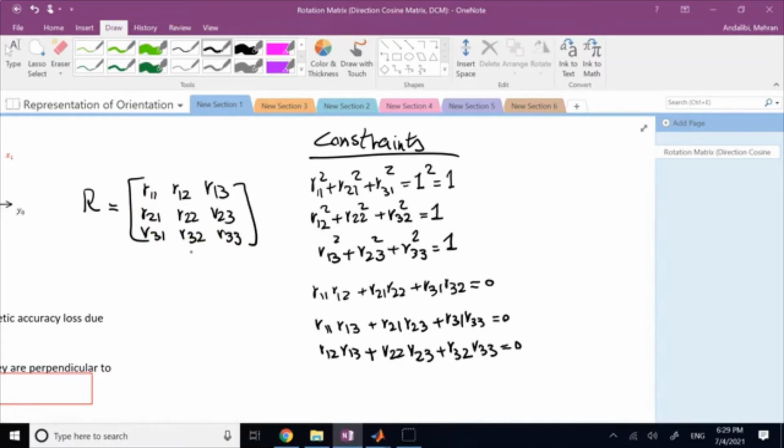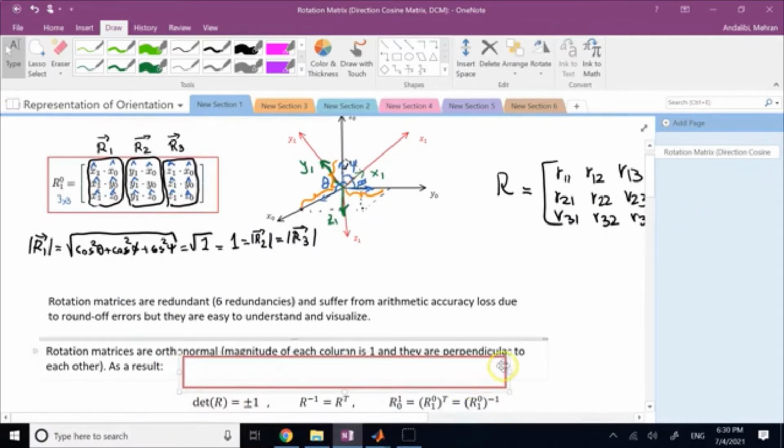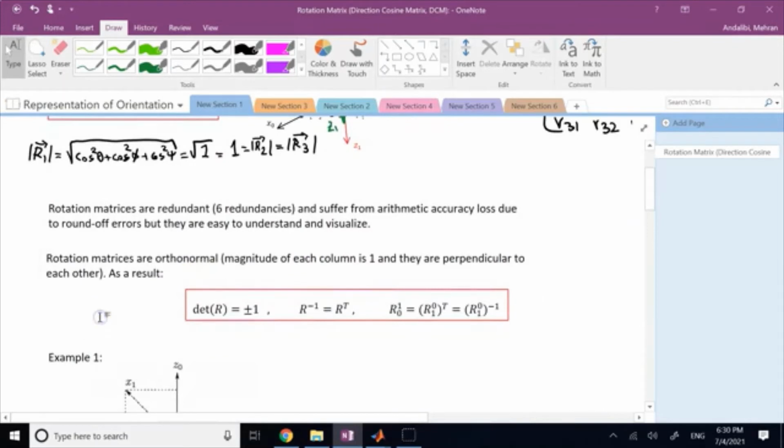Okay, so that's the meaning of constraint and redundancy. The other important thing is, the good and bad thing about it is the calculations. Now, before that, let's talk about the orthonormal matrices, and then we come back and talk about this loss of accuracy.